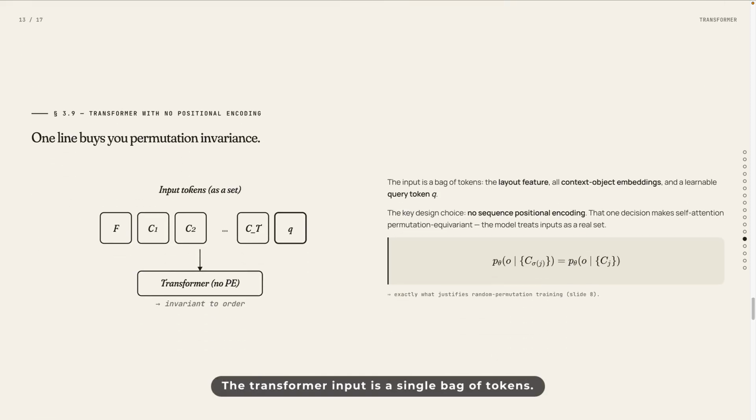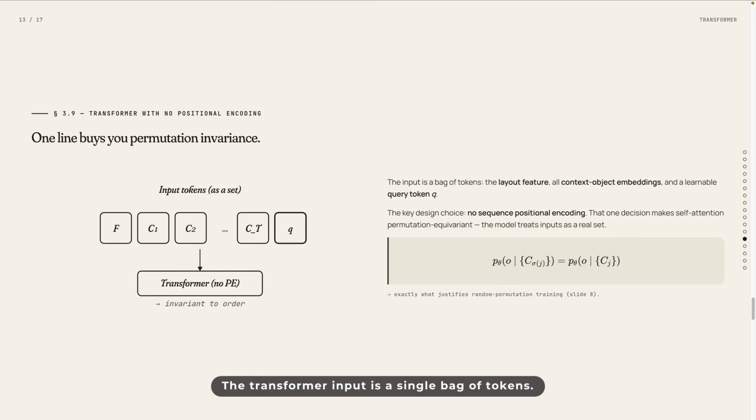The transformer input is a single bag of tokens: the layout feature, all context object embeddings, and the learnable query token Q. The Q token plays the same role as BERT's mask token or ViT's class token. It asks, what's the next object?